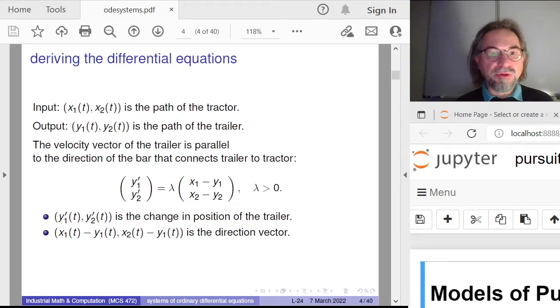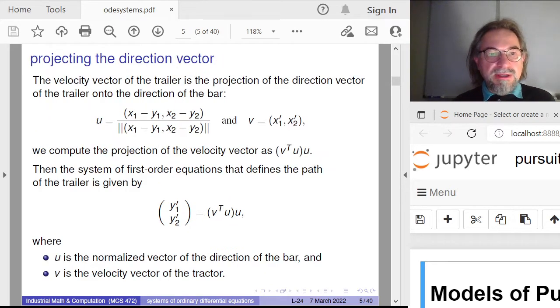That's what we want to compute. So we have to compute the right hand side vector. We have this alpha there, that was the lambda. We had that the change in position, or the velocity of the trailer, is proportional to the direction vector.